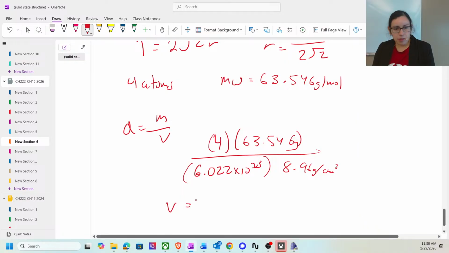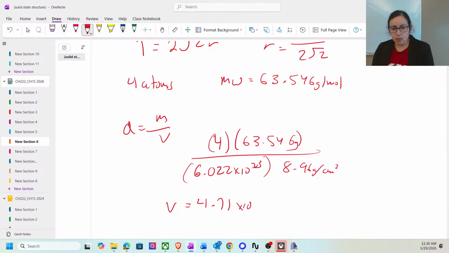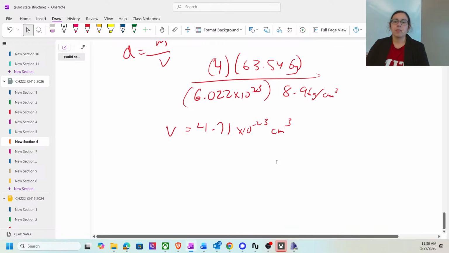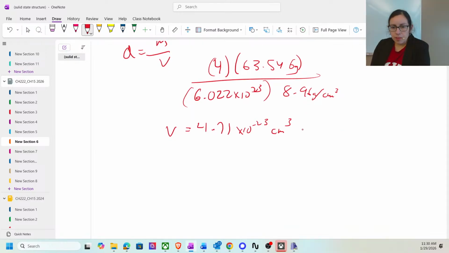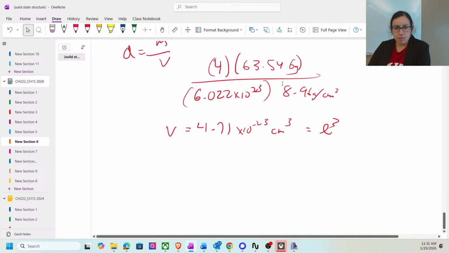So then we have volume is 4.71 times 10 to the negative 23rd centimeters cubed. And then we could plug this into volume is length cubed, which gets us into the radius.